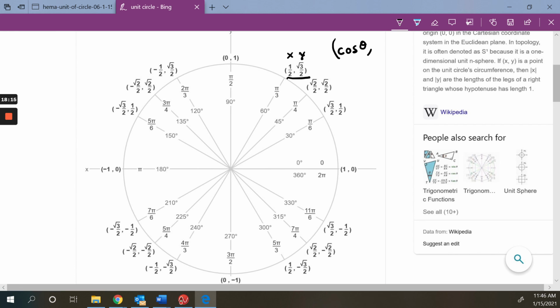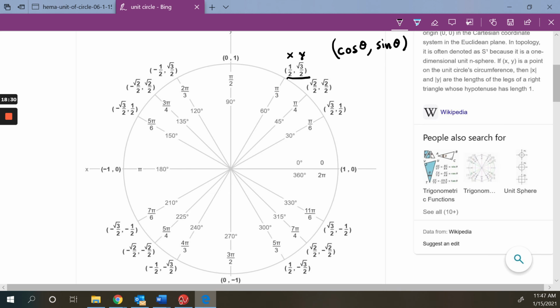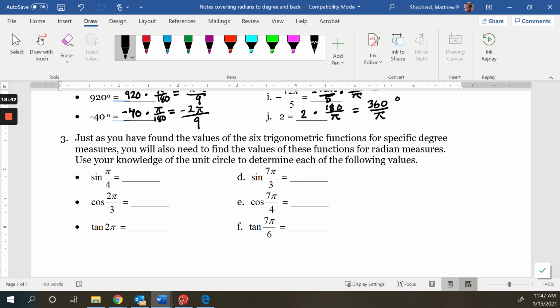Cosine will give us the x coordinate. Sine is going to give us the y coordinate. So when our problem was asking sine of pi over 4, I look at where pi over 4 is. It's the same as 45 degrees, and sine would be the y value, so square root 2 over 2.